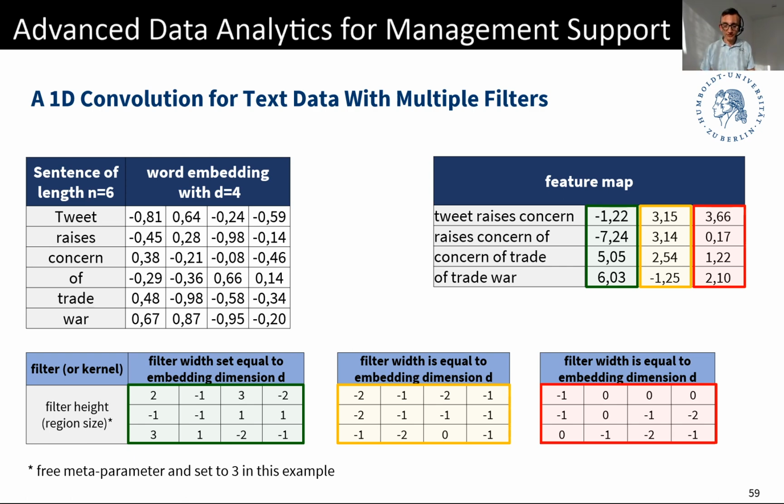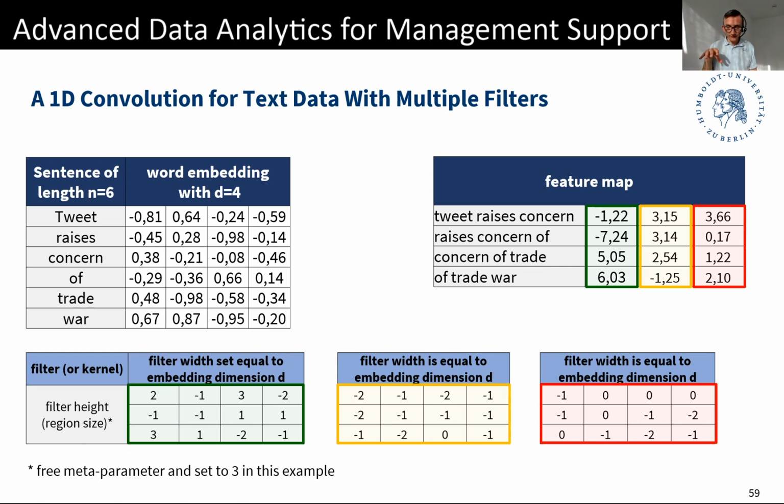And then each of the filters will give you a feature map, which in this example is 4 by 1. Because of our choice to have region size equal to 3, we get this feature map, right?